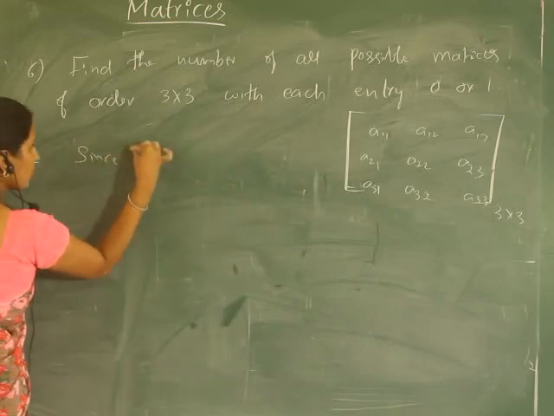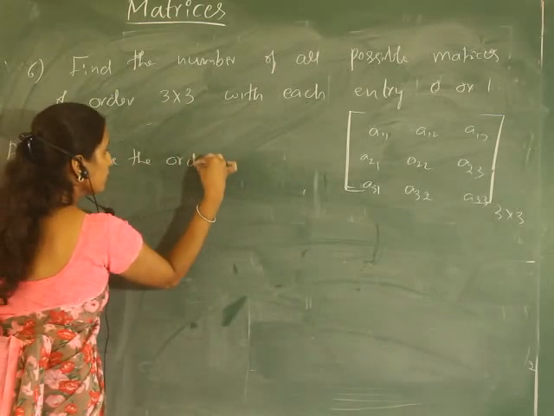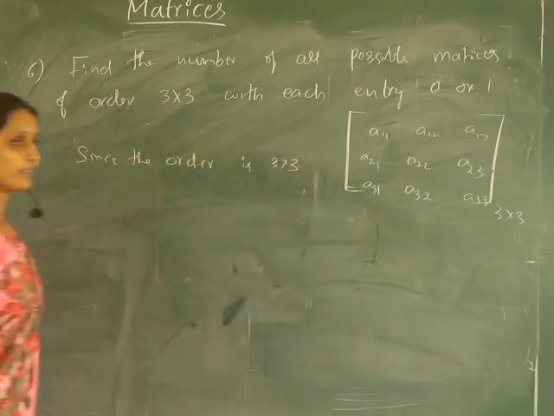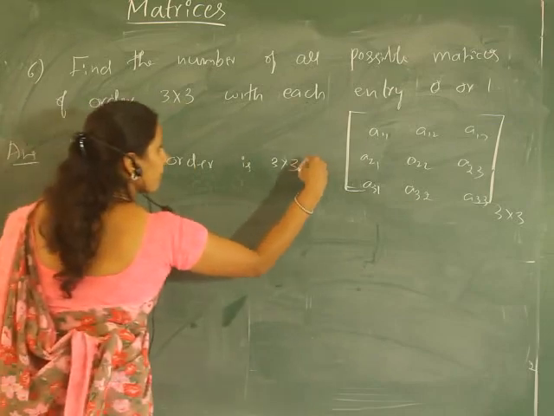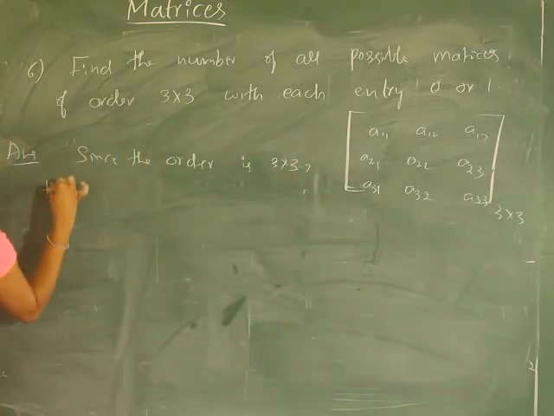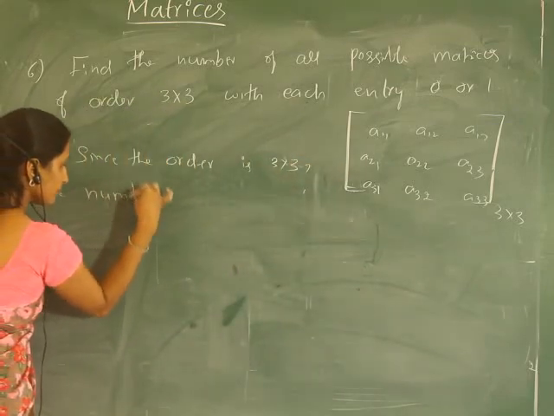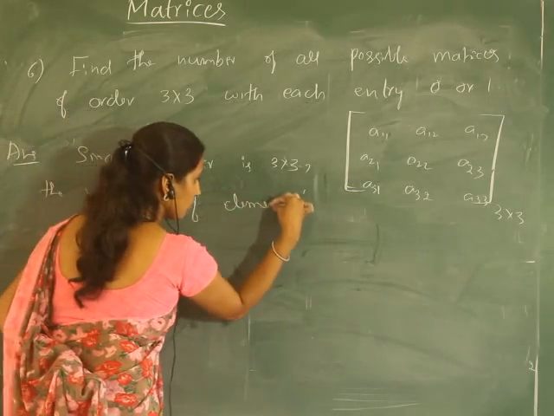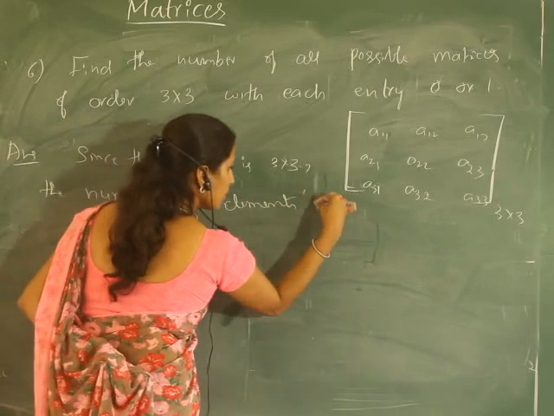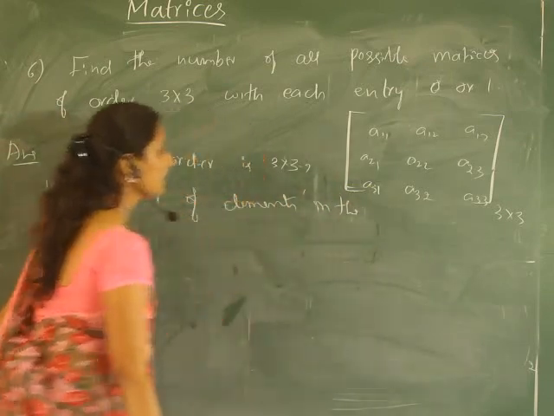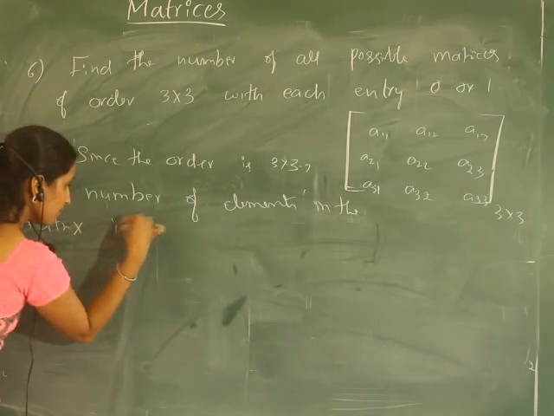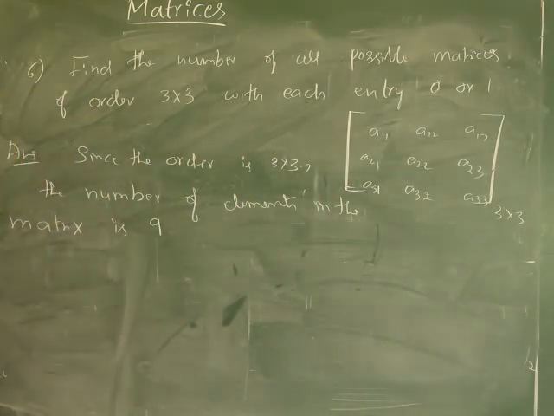Since the order is 3 by 3, the number of elements in the matrix is 9.